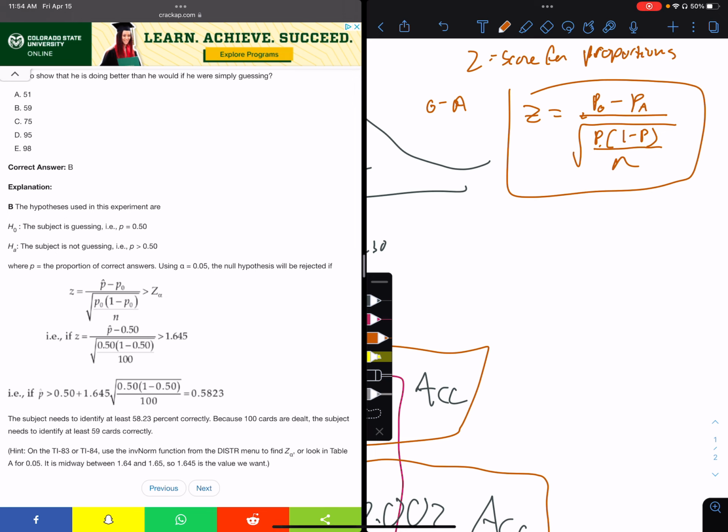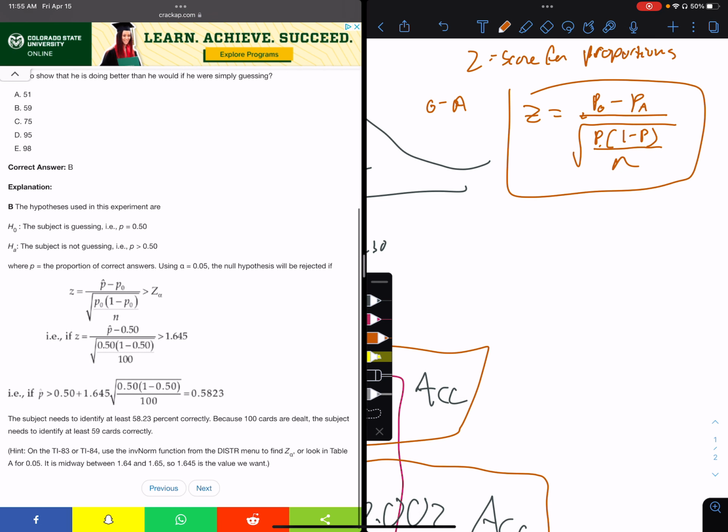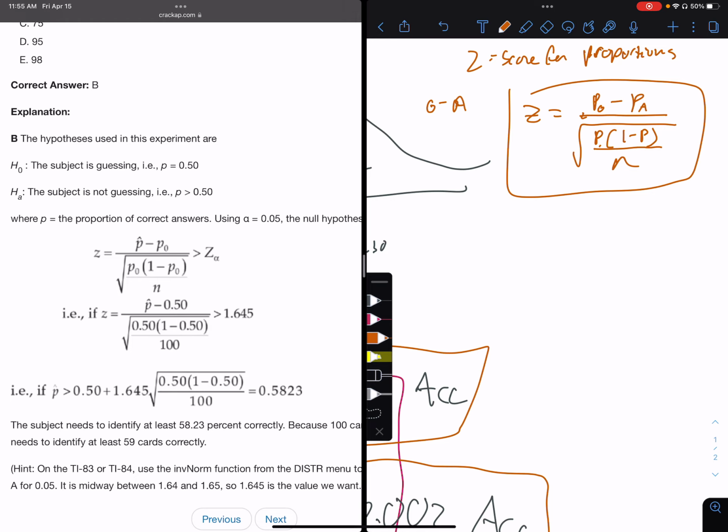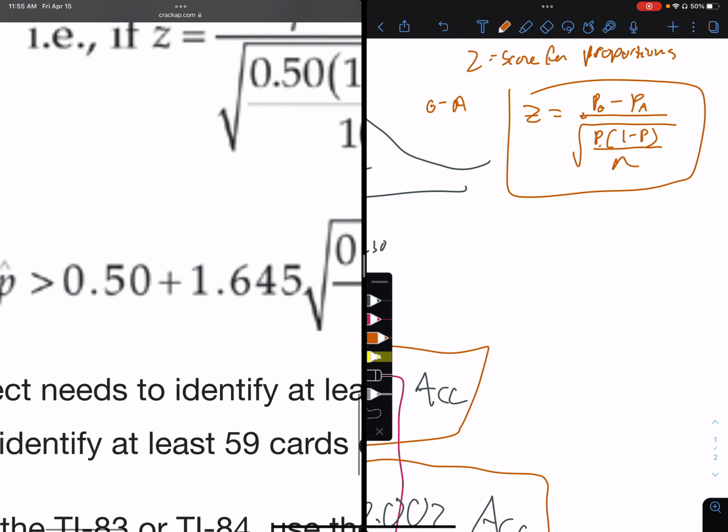So this is the given, because half of it's black, half of it's red. We're trying to find that p. Technically, the thing we really only need to calculate is this. Where did I get this 0.5 from? I need to review this.